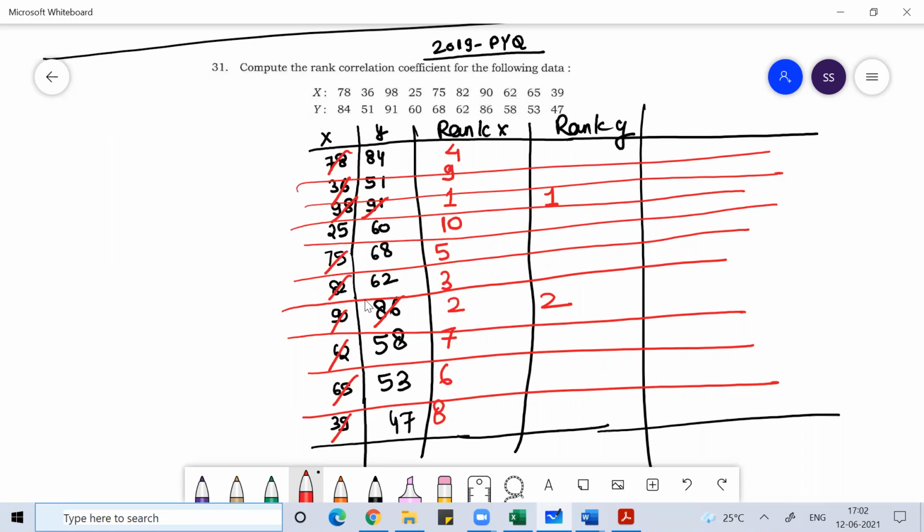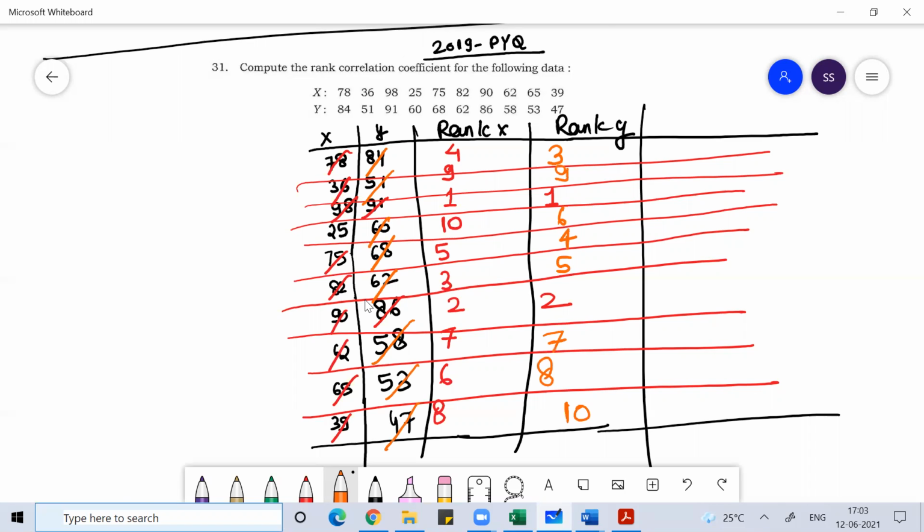Then 84, rank 3, then 68, rank 4, then 62, rank 5, then 60, rank 6, then 58, rank 7, 53, rank 8, then 51, rank 9, and then 47, rank 10. There's no repetition of rank.